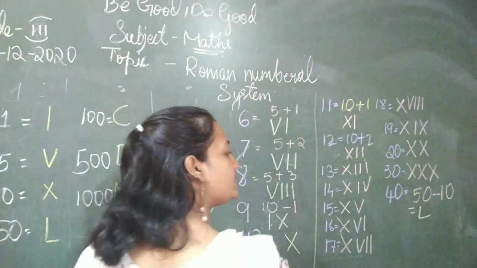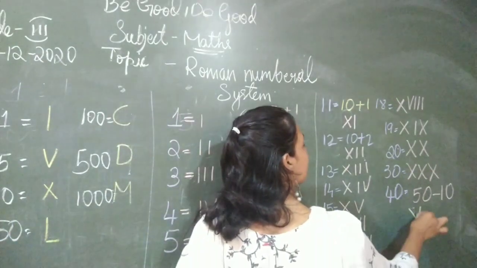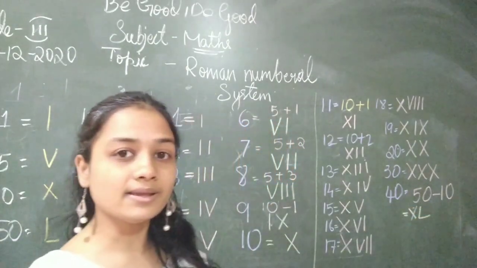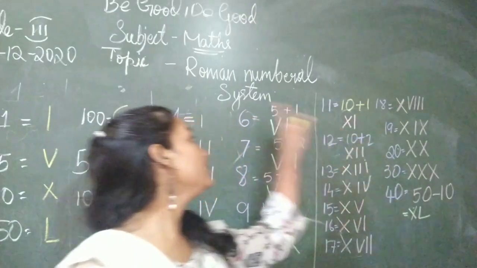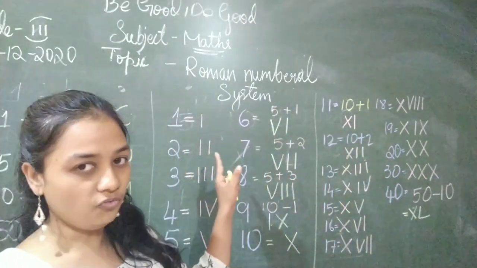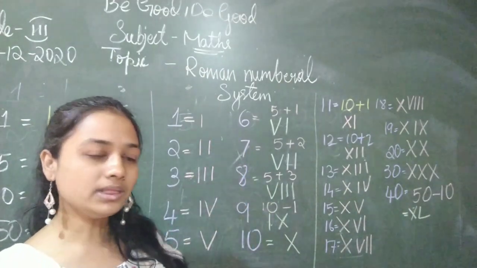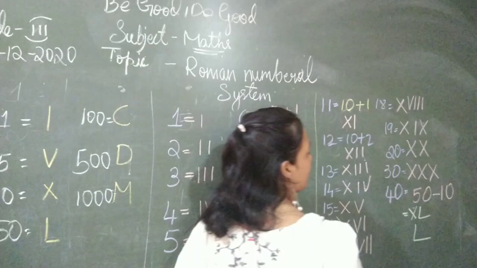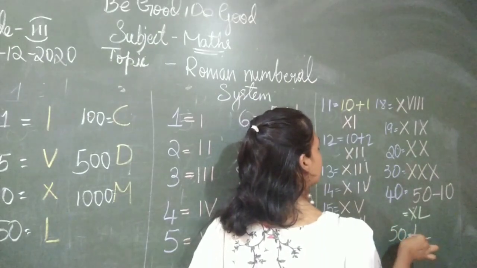That means I should write 10 to the left side. This will be 40. Again, 40 plus 1, 41. 40 plus 2, 42. And you go on till 50. And when you reach 50, you will write L. This is equal to 50.